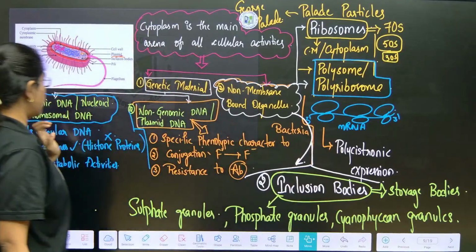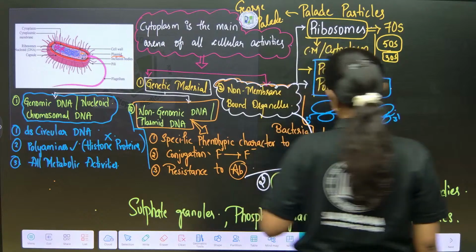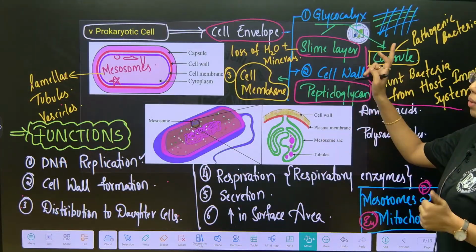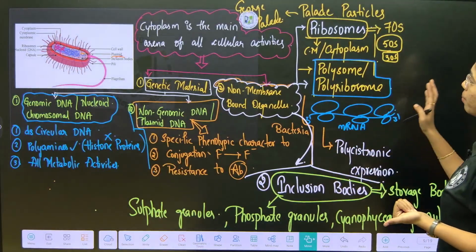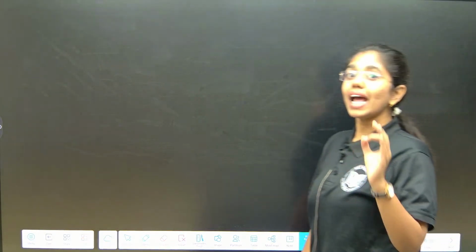That's it about the genetic material and non-membrane bound organelles that are present in a bacterial cell. So, the complete picture is clear, right, about the cell envelope first, then about genetic material and non-membrane bound organelles. Now, we will speak about motile and non-motile structures of a bacteria.